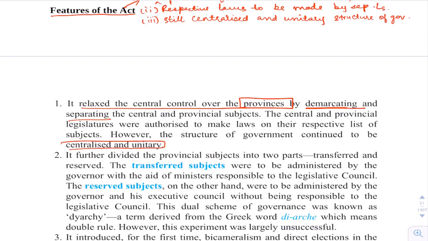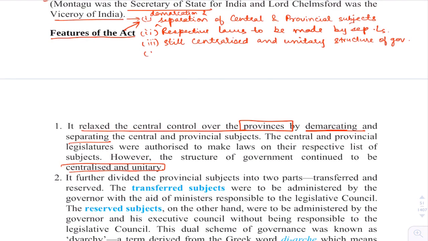It further divided the provincial subjects into two parts, transferred and reserved. Then you can write division of provincial subjects. So first central and provincial subjects were separated. Then within the provincial subjects also there was division into transferred subject and reserved subject.